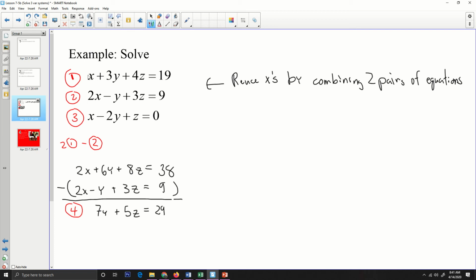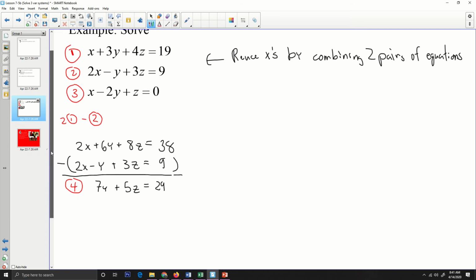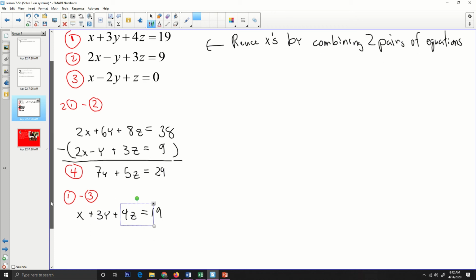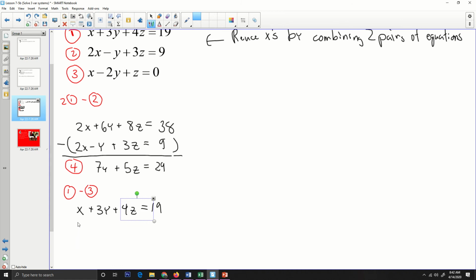I'm just going to subtract equation 3 from equation 1. So x plus 3y plus 4z equals 19, and from that, x minus 2y plus z equals 0.